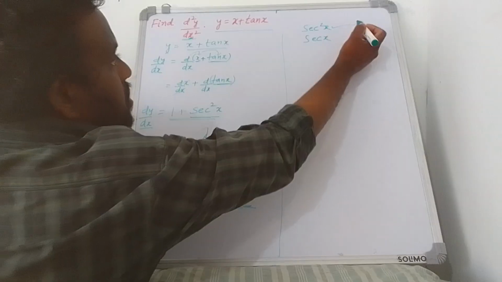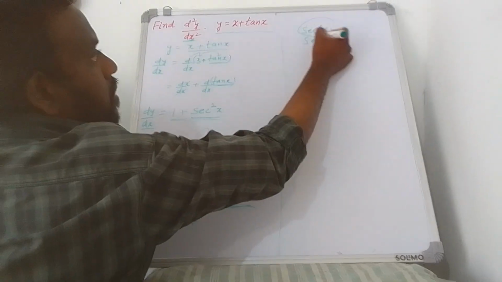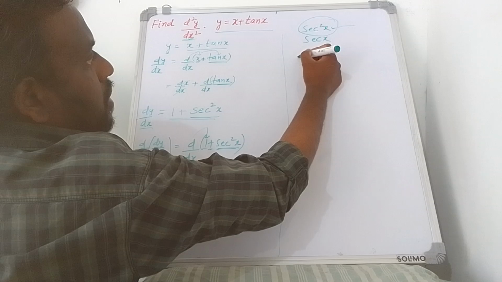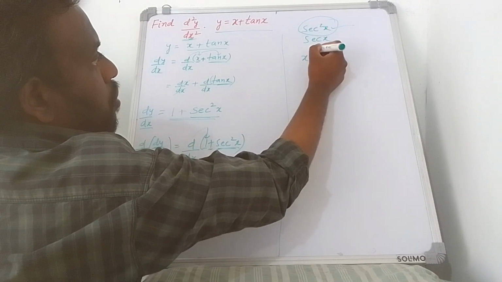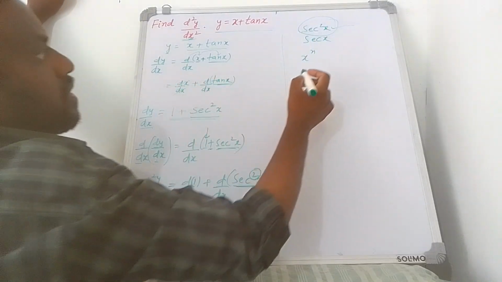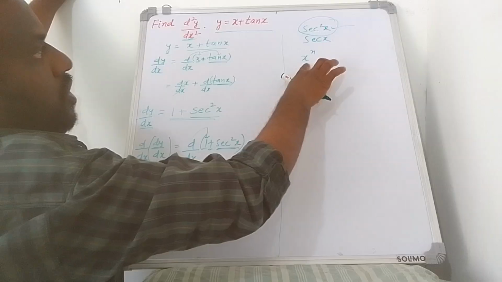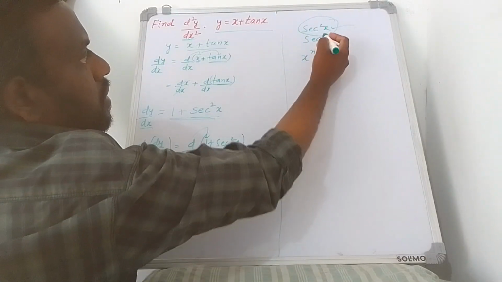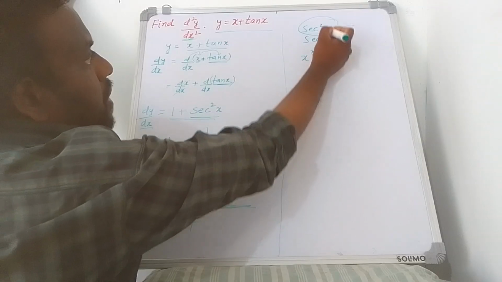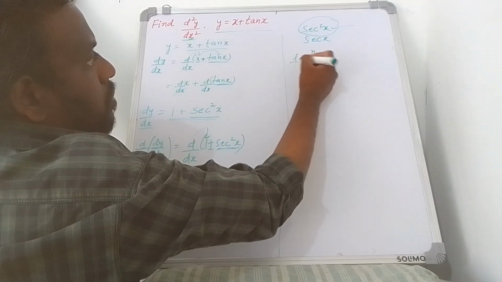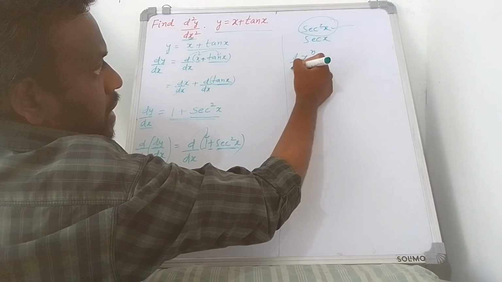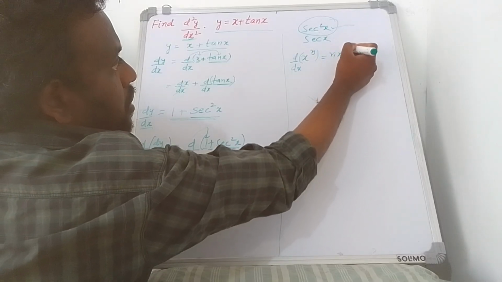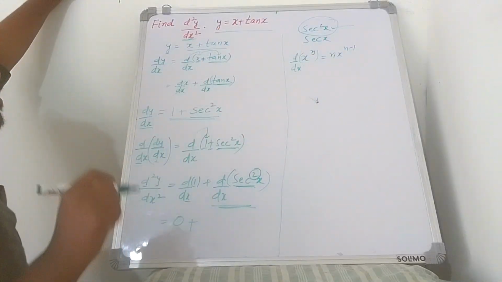So first consider this secant square x. See, we have the general formula. It is in the form of x to the power of n. Actually, x is a function, secant x is a function. Here in place of n we have 2. So we have the formula for d by dx of x to the power of n: n into x to the power of n minus 1.